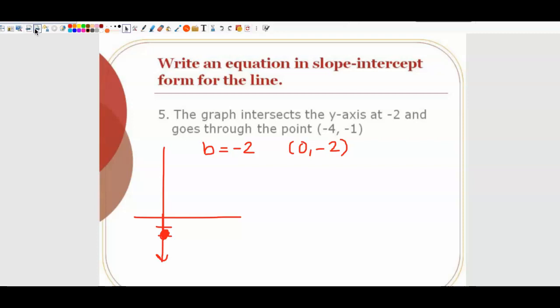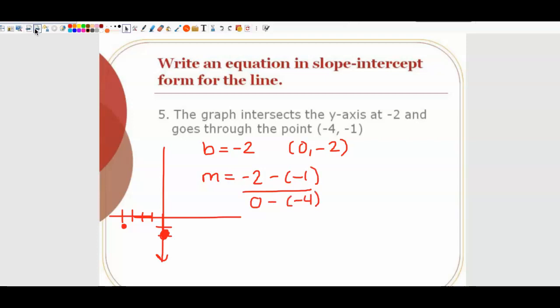So we have where a graph intersects, and we have a second point on that graph. But what I don't have is the slope. So what I can do is use the slope formula to calculate slope. So it's y2 minus y1 over x2 minus x1.